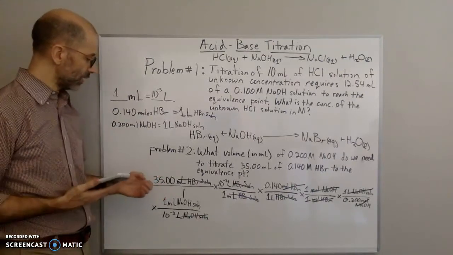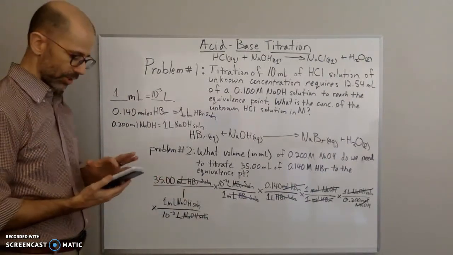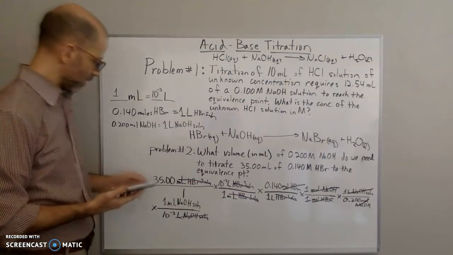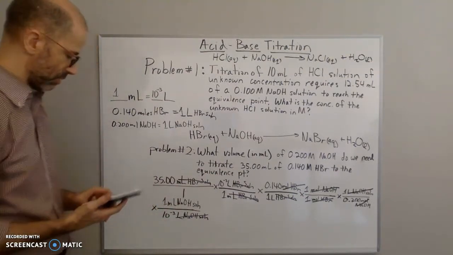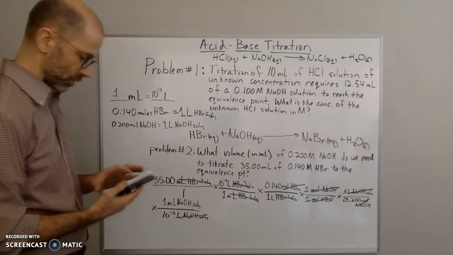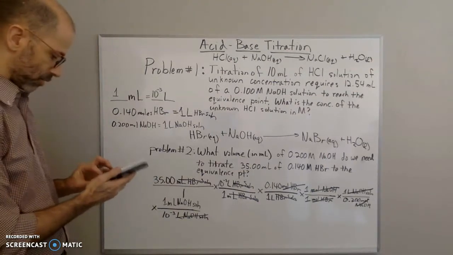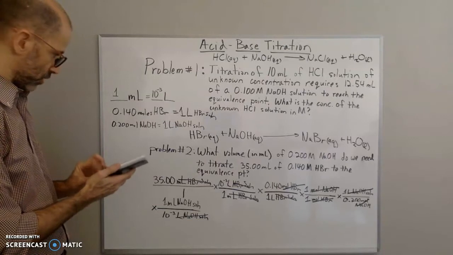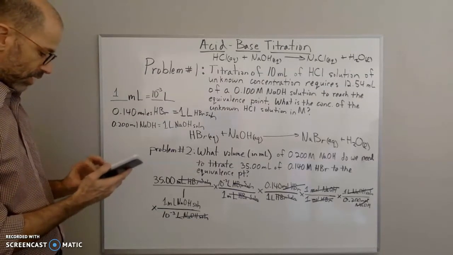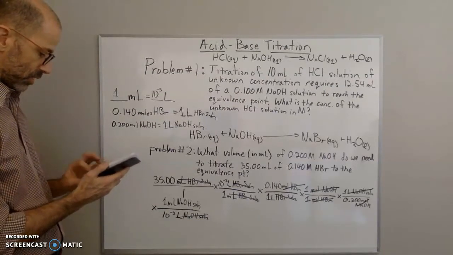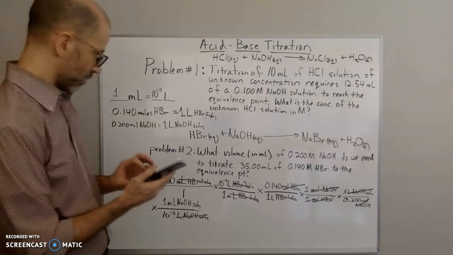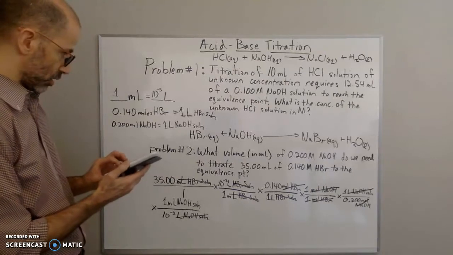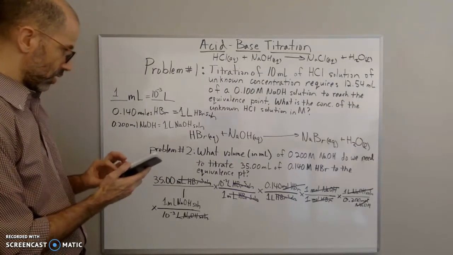So the only thing left is to multiply and calculate the answer, multiply and divide. I'm going to multiply on the top, and anything on the bottom I'm going to divide by, ignoring the ones. So I have 35.00 multiplied by 1 times 10 to the negative 3, multiplied by 0.140.